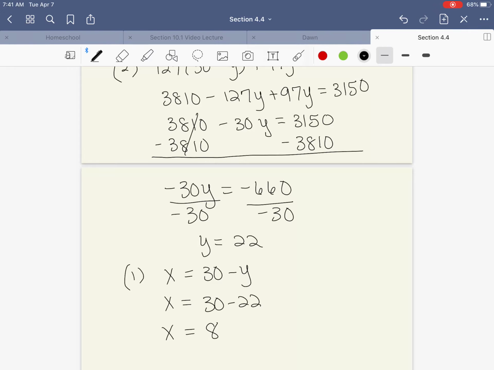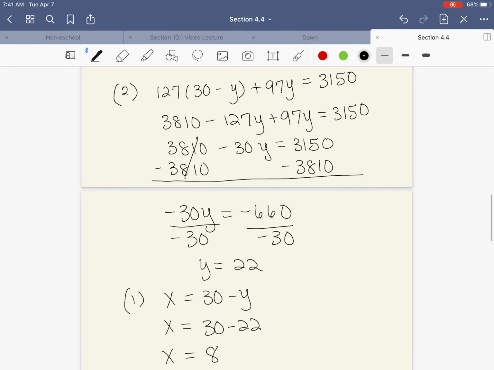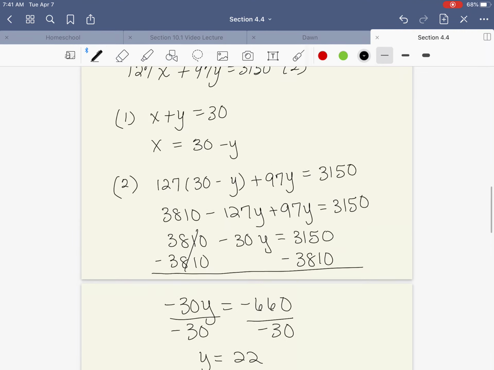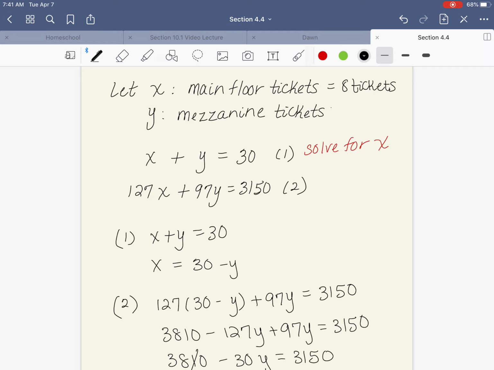All right, so let's go back up here. There are 8 main floor tickets. And there are 22 mezzanine tickets. And then you can check your answer by saying the amount of tickets is 30.